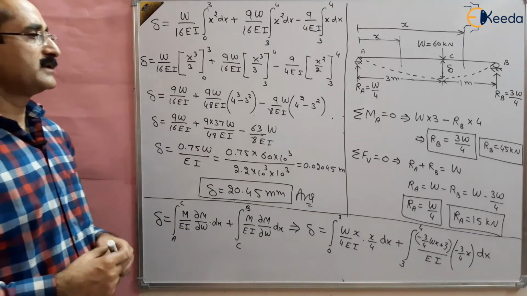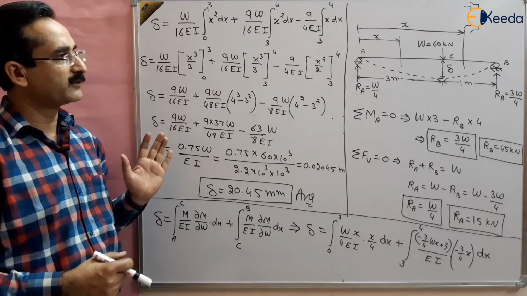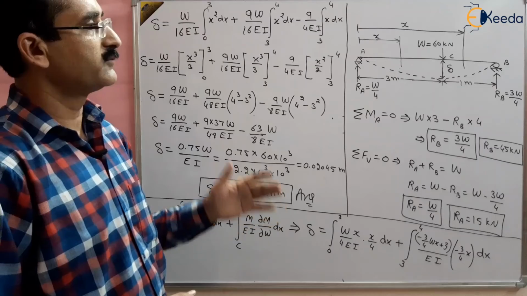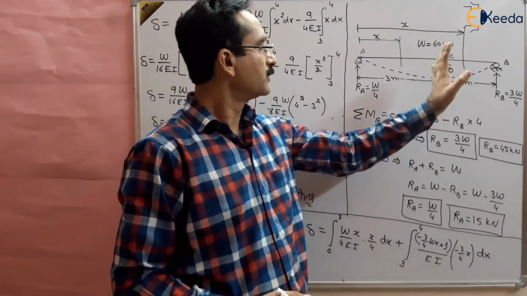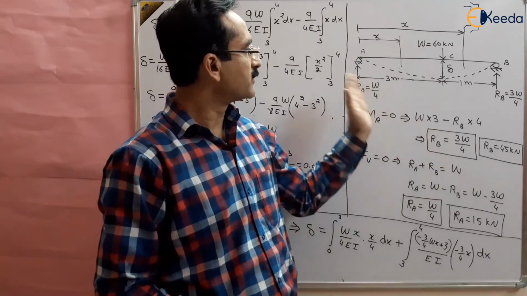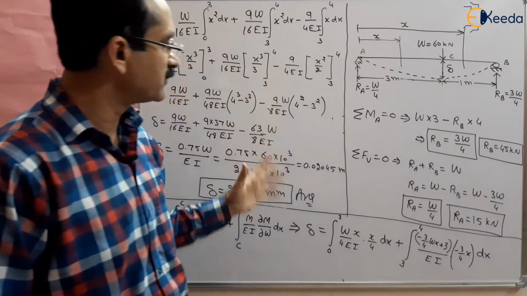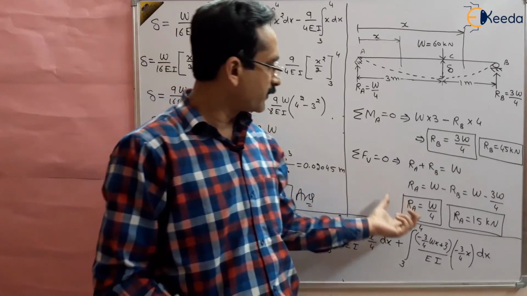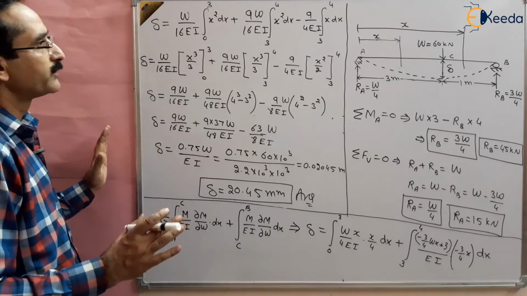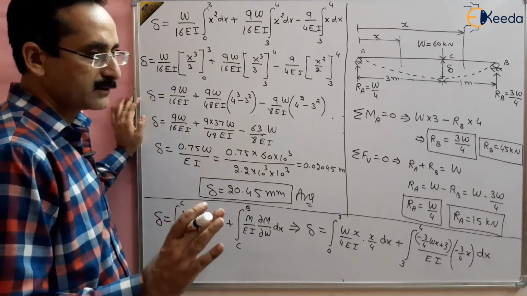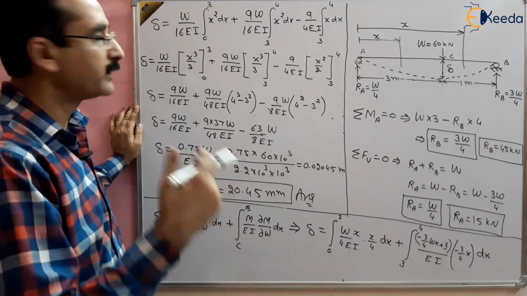So it's very easy to solve using the Castigliano theorem. We have to differentiate the strain energy with respect to the load under which we want to find out the deflection, right? So that's what we have done. First we find out the reactions in terms of W we have kept, because we have to differentiate with respect to W. And finally, after finding the reactions, we have used the formula for strain energy, Castigliano theorem, that ∂U/∂W will be the deflection.